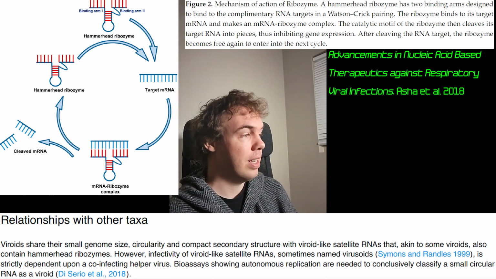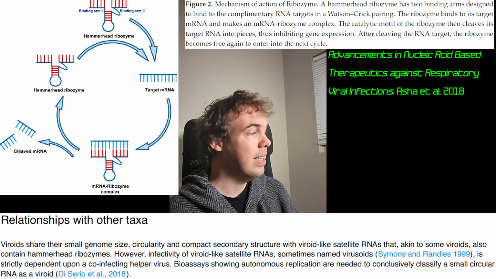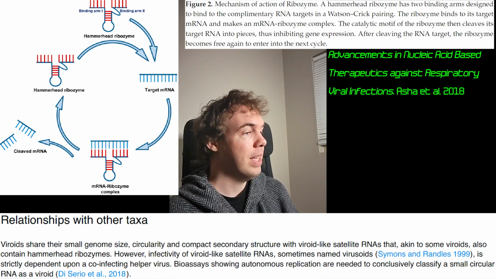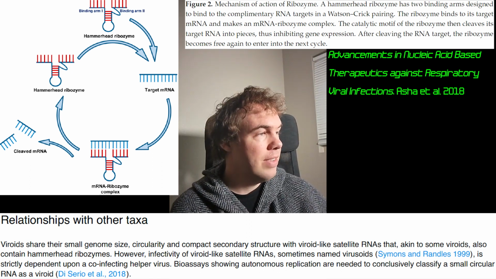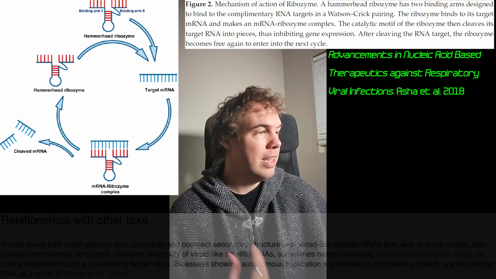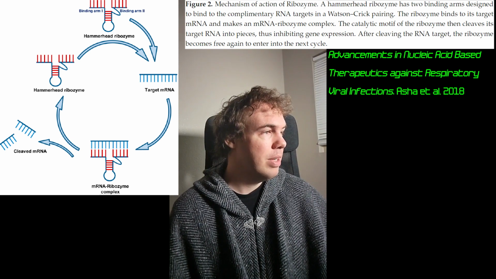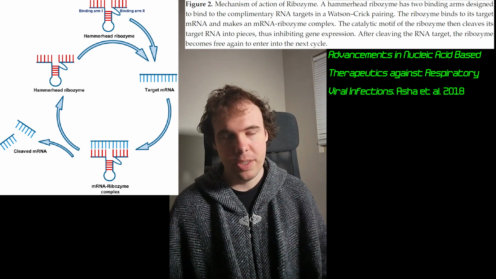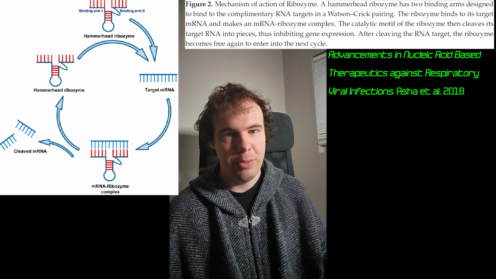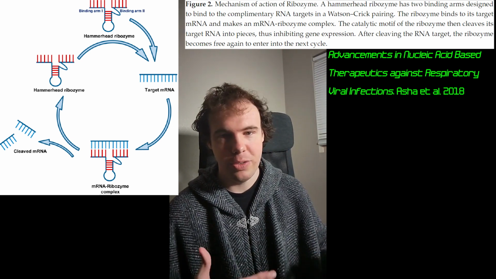Bioassays showing autonomous replication are needed to conclusively classify a small circular RNA as a viroid. And family demarcation criteria, because I am pedantic, I will briefly go over this as well. This is a question about, what are viroids, and how do you know it's one group or another? How do we classify them in a taxonomy and a phylogeny, right?